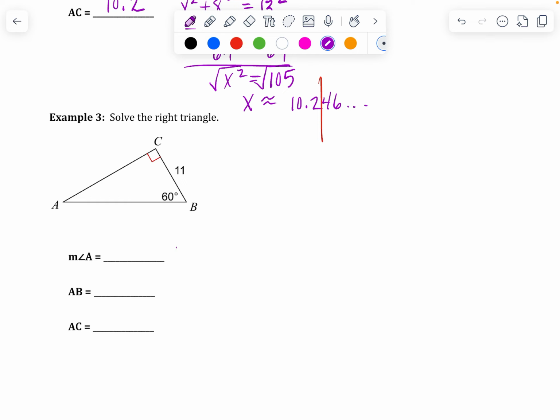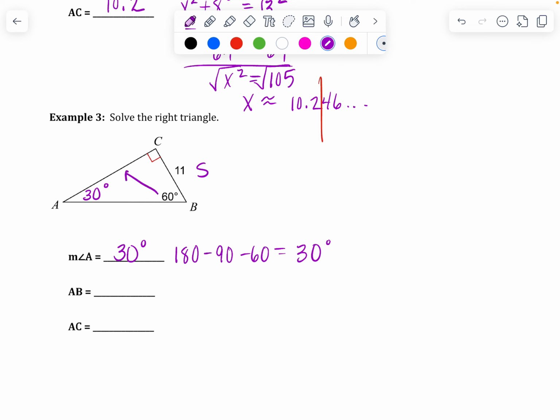If you have a 60 and a 90, we know that the missing angle, if we subtract the 90 and the 60 from 180, is 30 degrees. So if you still have your special right triangles memorized, you can just use your special right triangle relationships. Let's get that 30 in there: we have a short leg called 11.